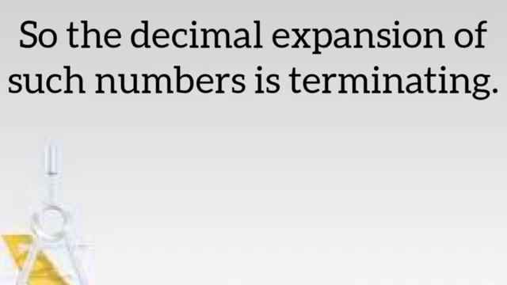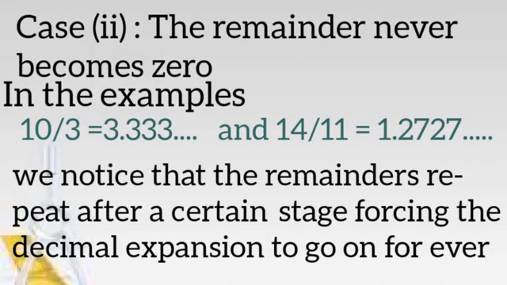Now consider the third and fourth examples. The third example is 10 by 3. Its decimal expansion is 3.333 etc. It is not terminating, but the digit 3 is repeating. We will write 3.3 bar.